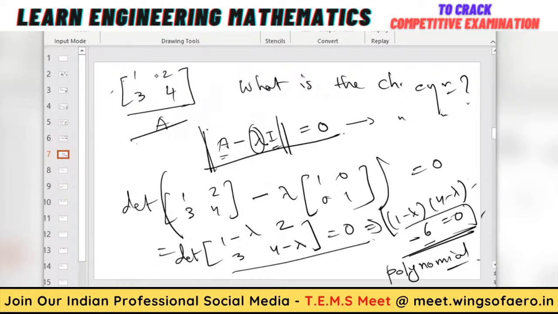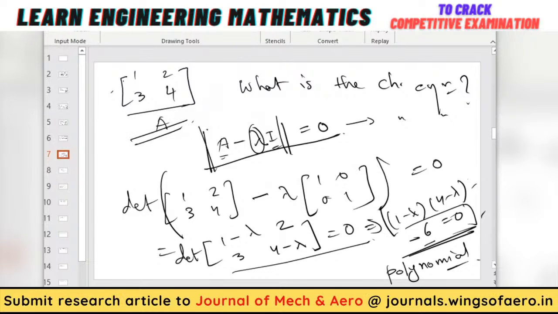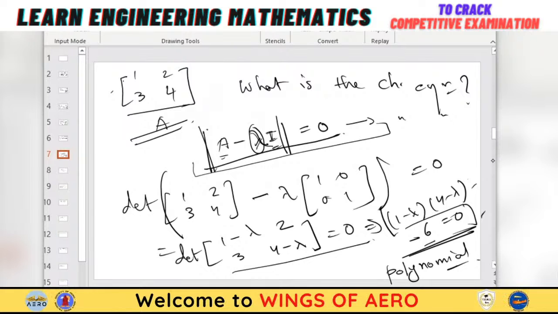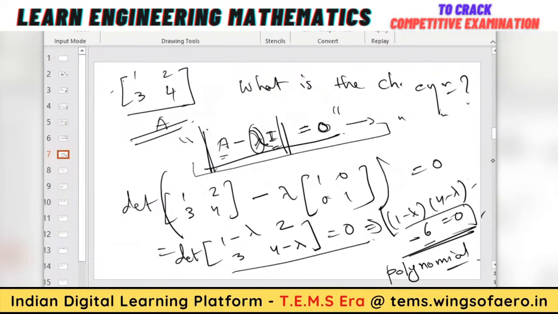This matrix A is given to you. The characteristic equation finding process is: determinant of A minus lambda I, where I is the identity matrix, is equal to 0. This is the actual form of the characteristic equation.